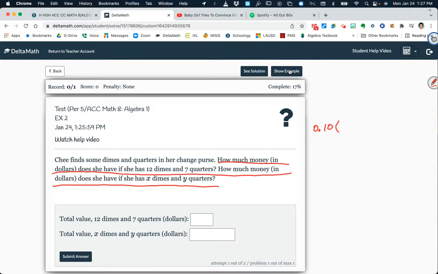So I'm going to help you so you can also get the expression. How many of these dimes do we have? 12. In dollars, how much are the quarters? 0.25, right? And we have 7 of them. So let's see how much we have, because that's what we have to figure out first. If we have 12 dimes, how much money do we have?